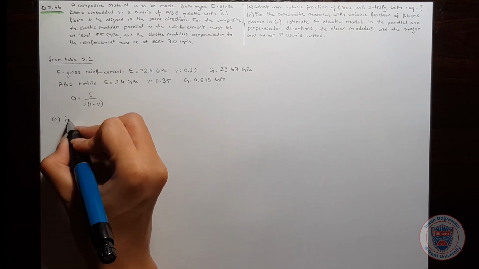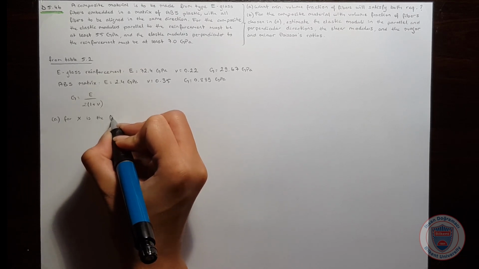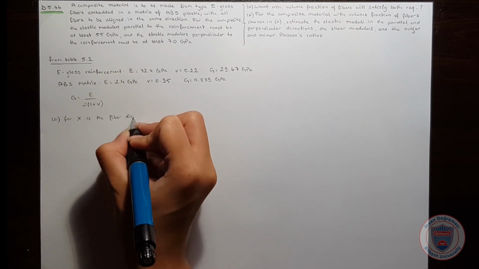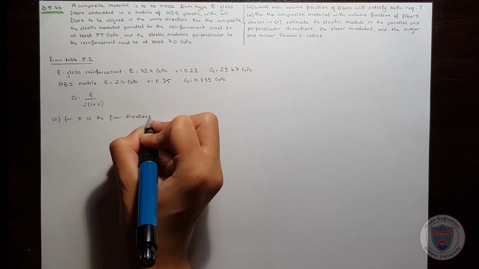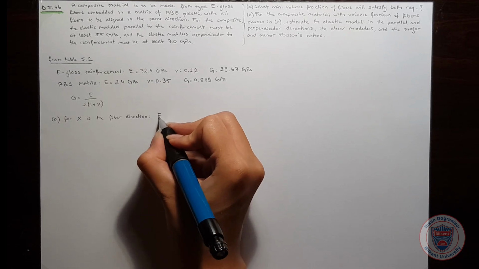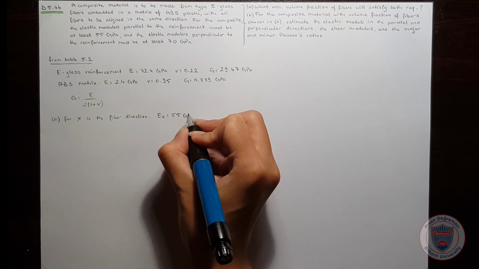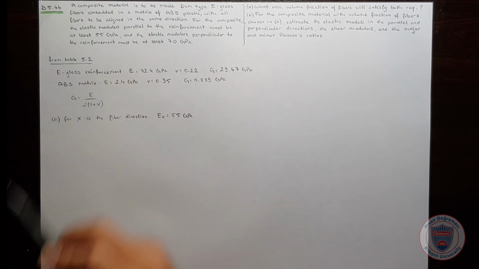For X is the fiber direction, we have EX is equal to 55 GPa. It is given in the question.